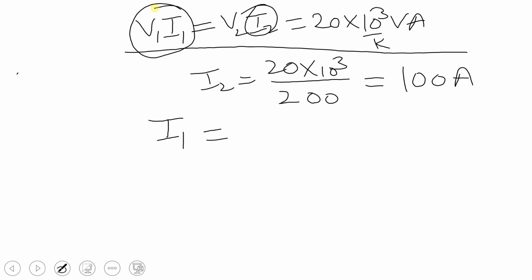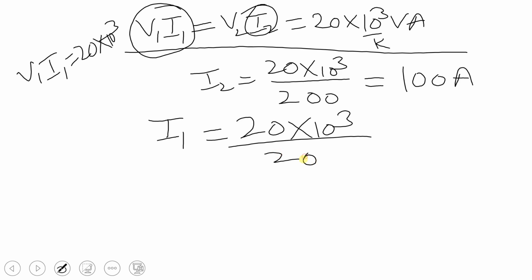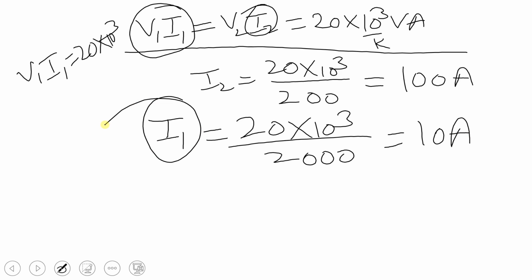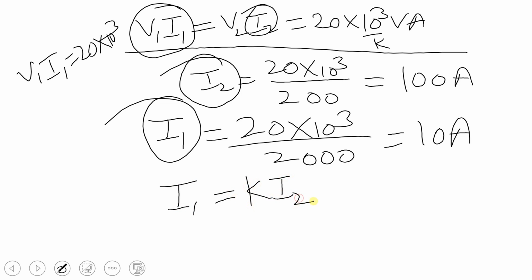So in the equation V1 I1 is equal to 20 into 10 raised to power 3, I1 is 20 into 10 raised to power 3 upon 2000, and we get the answer 10 ampere. So we get the values of I1 and I2. Or we can find the I1 value by I1 is equal to K I2. We know the value of K is 1 by 10 and I2 is 100, so we get 10 amperes.